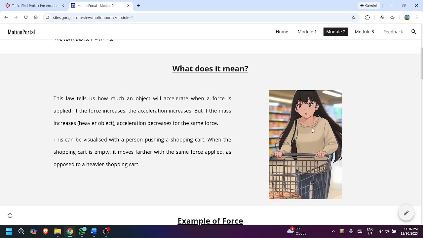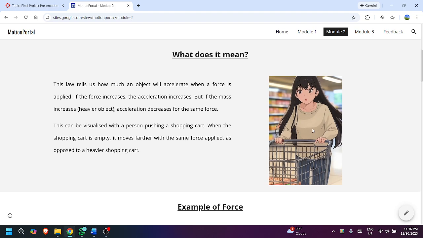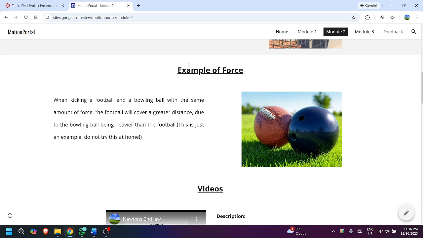This blend of images and text really helps the student understand. So here is an example of force. We are explaining something, and the image is also helping us visualize the text.